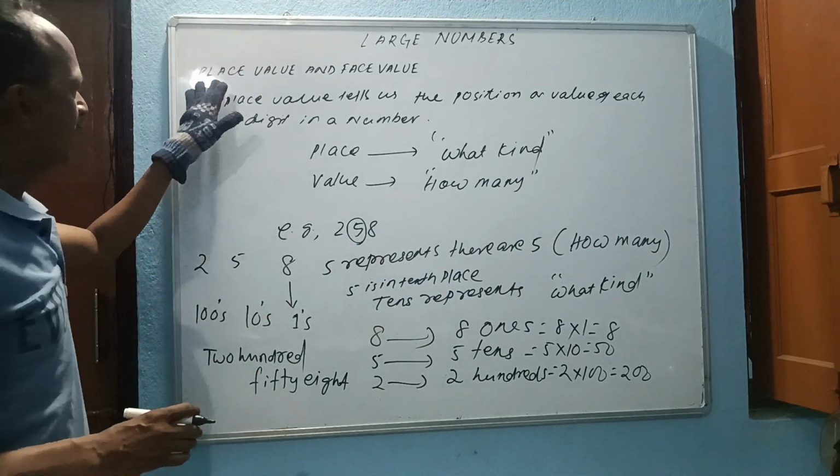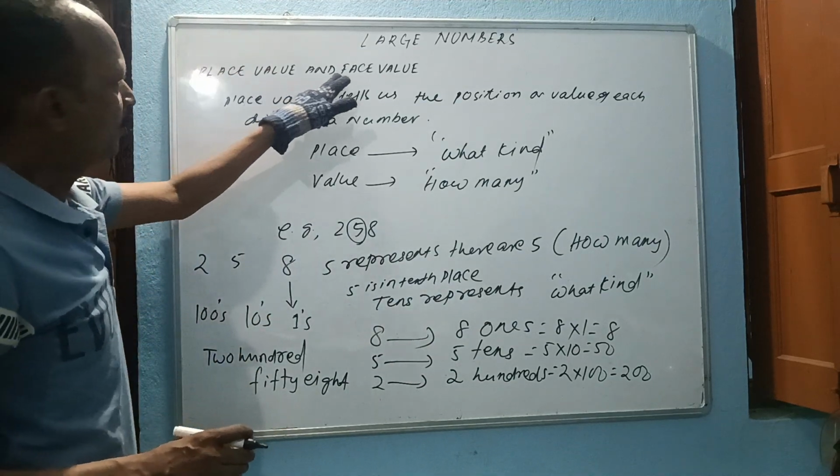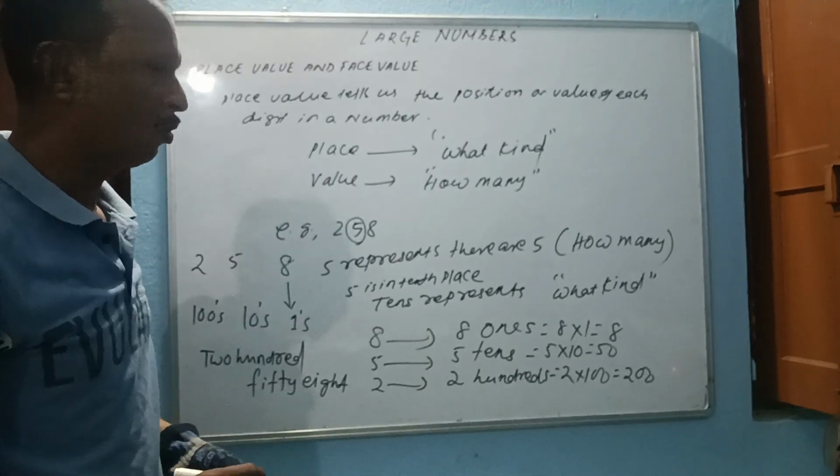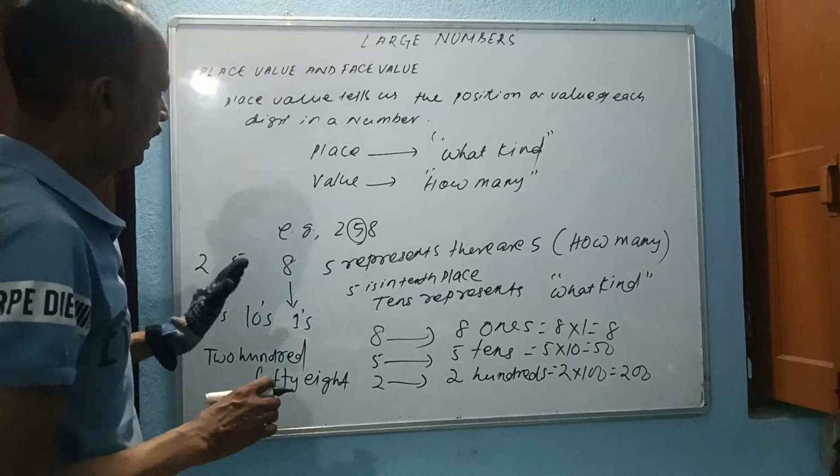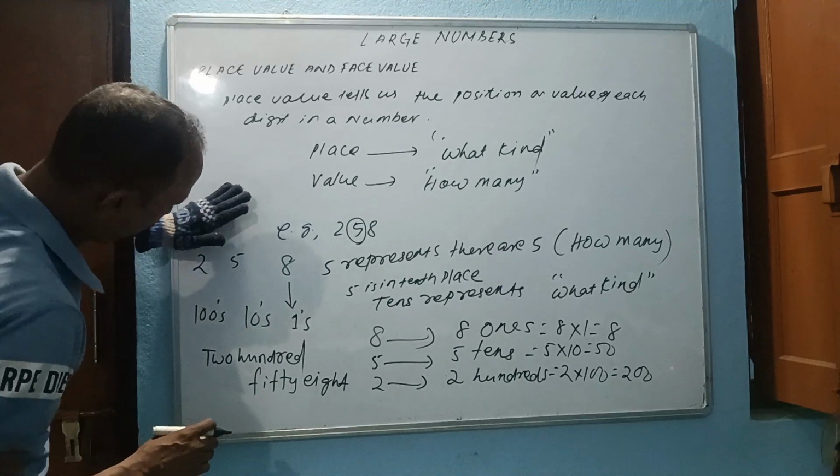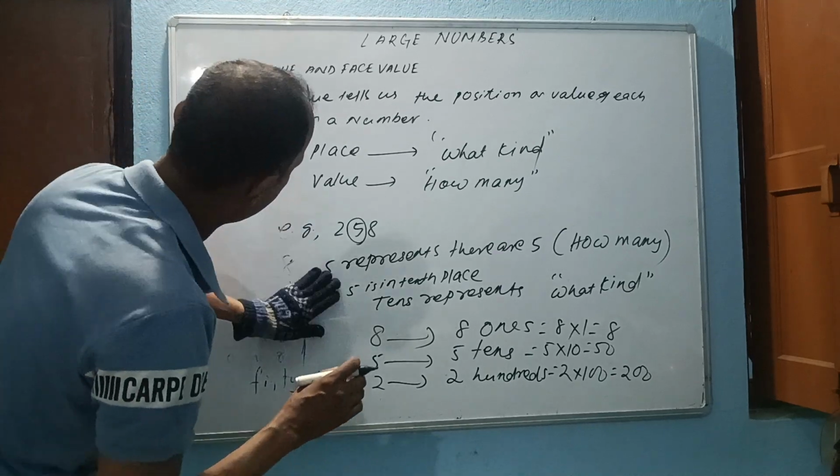At the same time, I would like to say that place value and face value I have mentioned. What do you mean by face value? So I can say that face value is the number itself. See here.